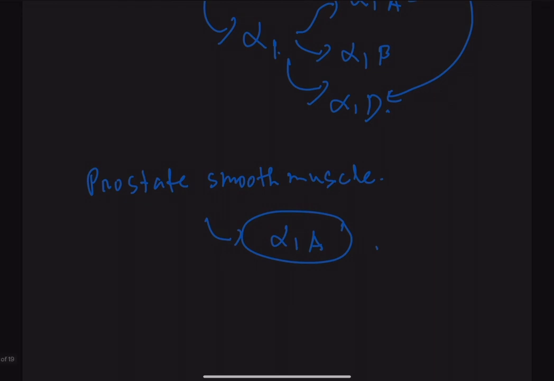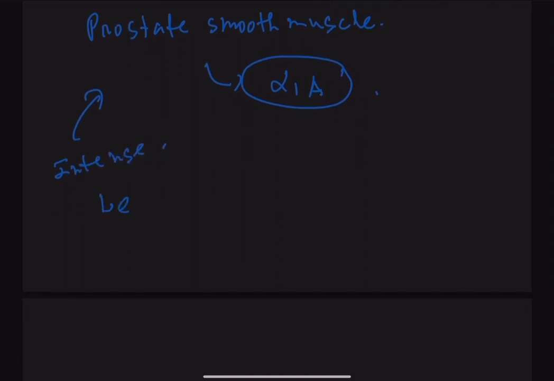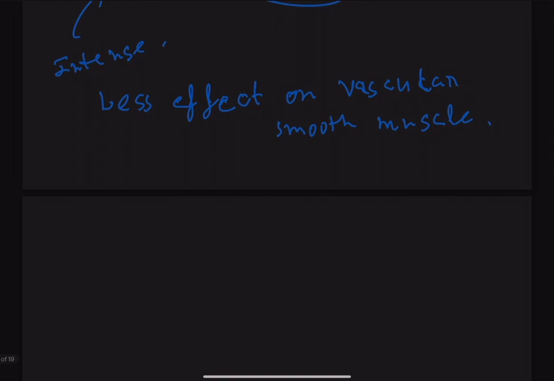Okay, so it has more effect or intense effect on prostate smooth muscle, but it has less effect on vascular smooth muscle, which has the alpha 1B subtype, and tamsulosin is not selective to alpha 1B.